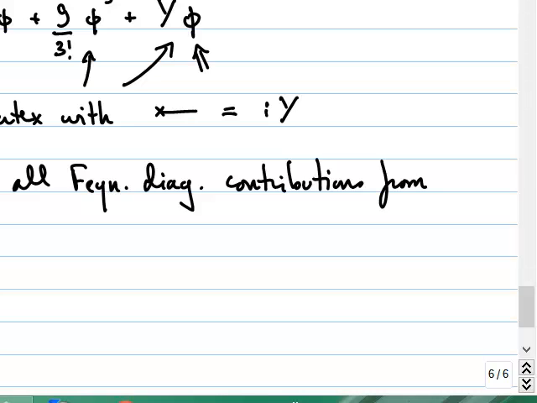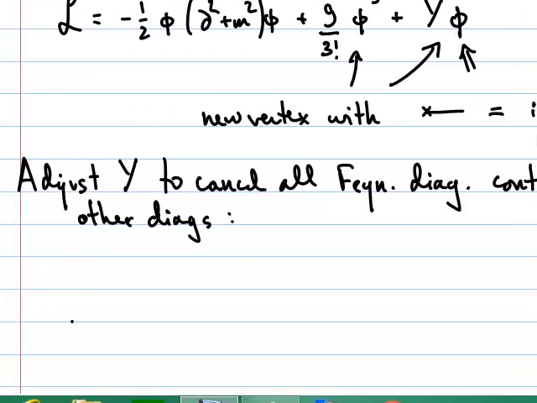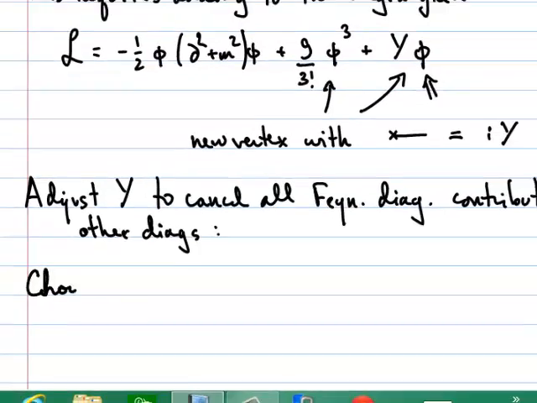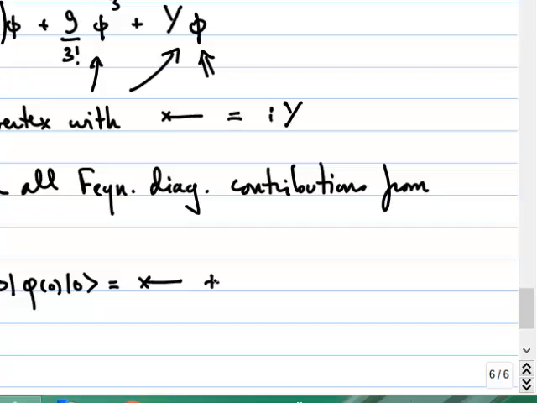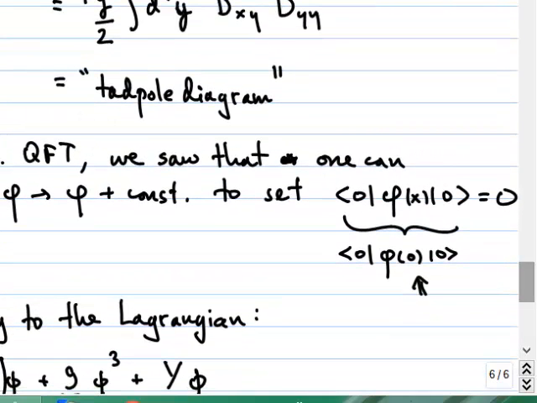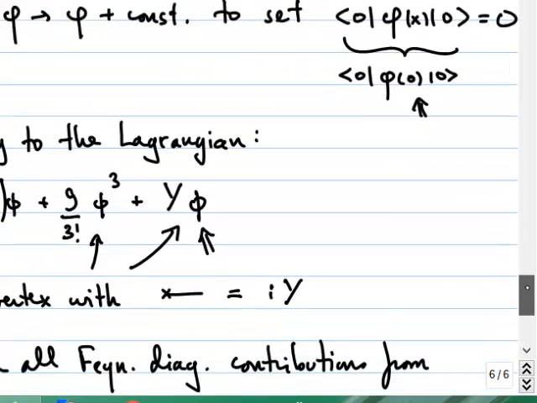And then what we would do is we would just choose y so that the one-point function, so you would have a contribution from the y term, and then you would have all of the other contributions. Okay, I'm using a kind of sloppy notation here, where I've used an x to denote the insertion of phi of x here, and I also used an x for the y.